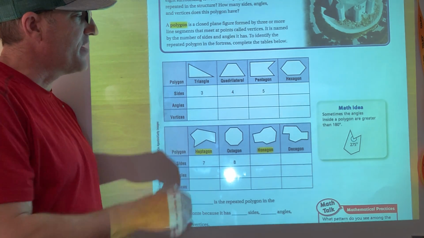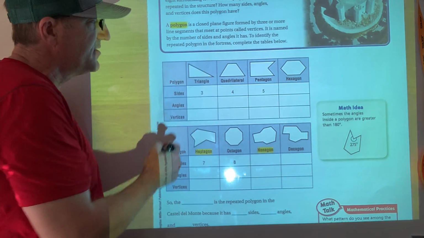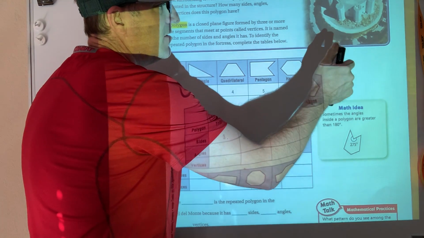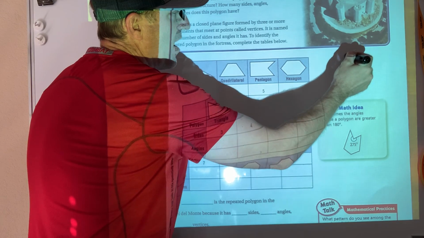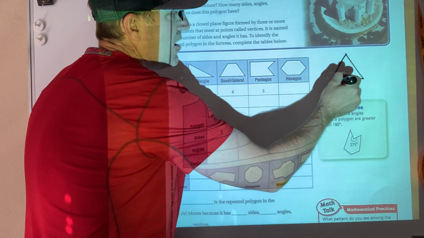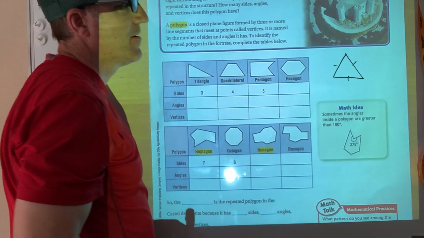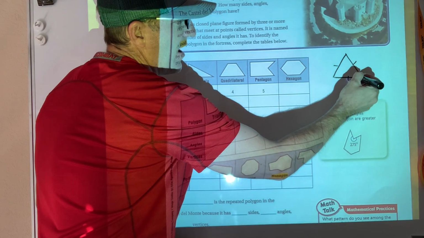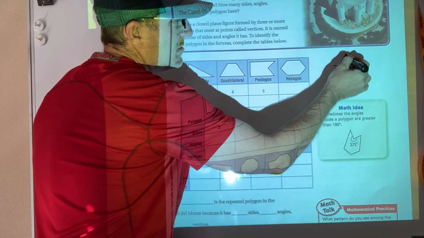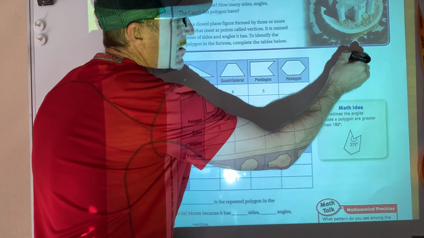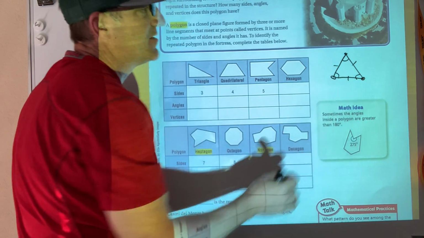And vertices. So we've got angles, vertices, and sides. These are sides. If I have a triangle here, which is a polygon, these are, of course, my sides. On the inside, we have angles. And then these little points where the line segments meet, those are called vertices.